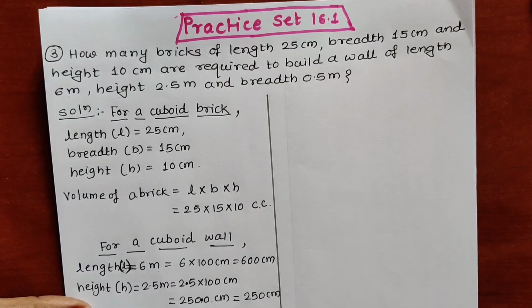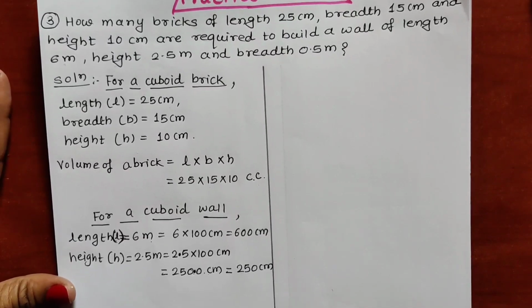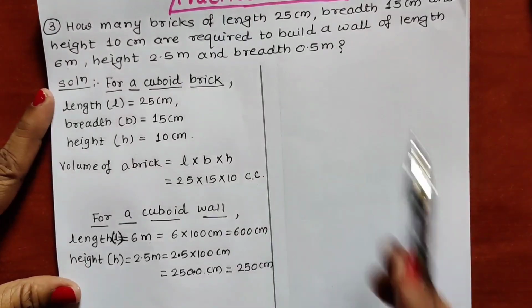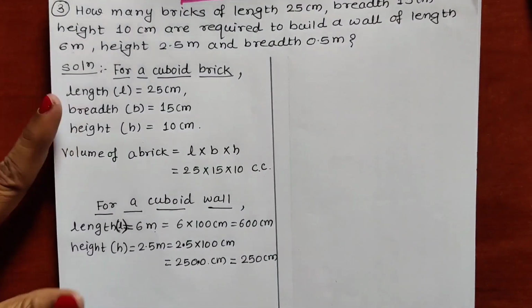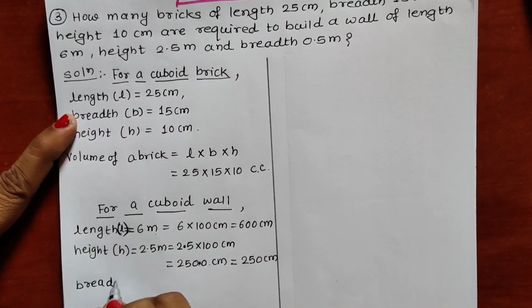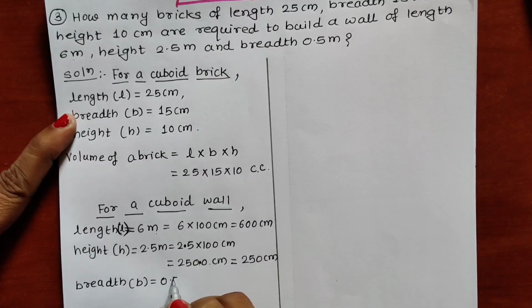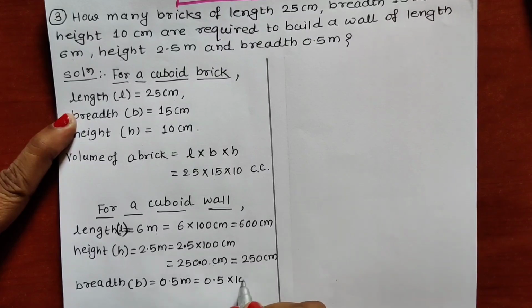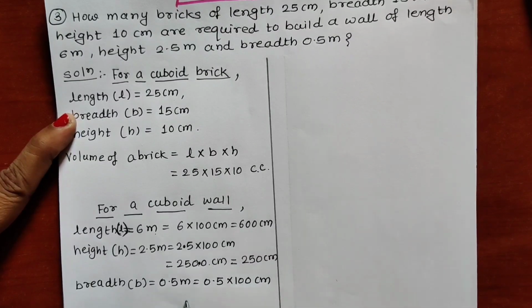Now let us write the breadth. Breadth is 0.5 meter. So breadth B is equal to 0.5 meter, so it will be equal to 0.5 multiplied by 100 centimeter. That means 5 into 100 will be 500.